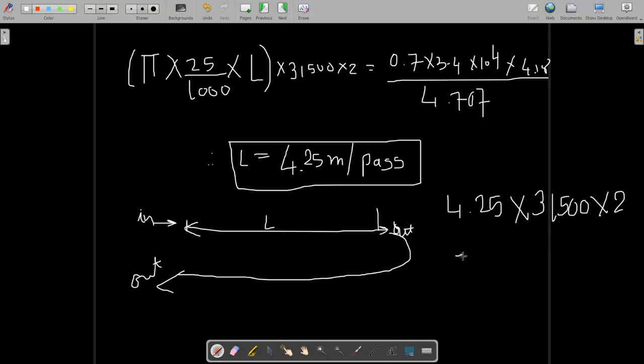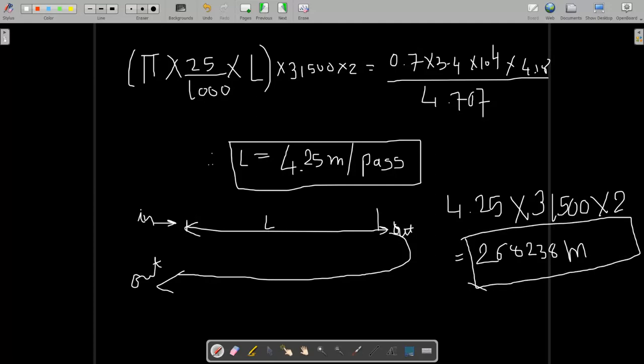So when you solve this, you get 2,68,238 meter. This much total length of tube is required for construction.